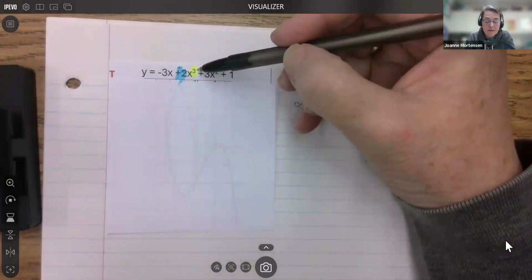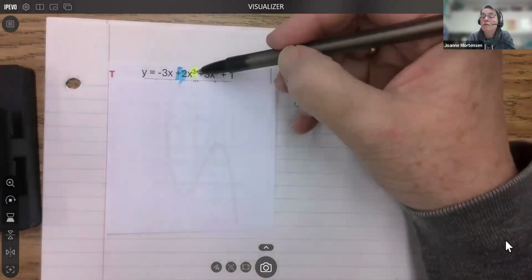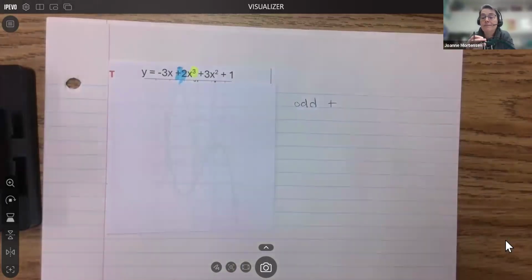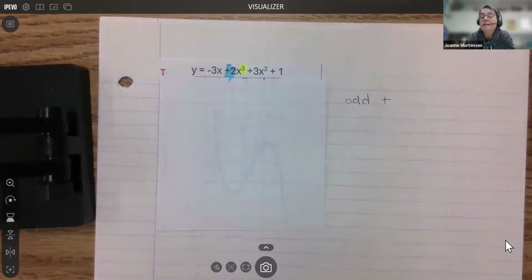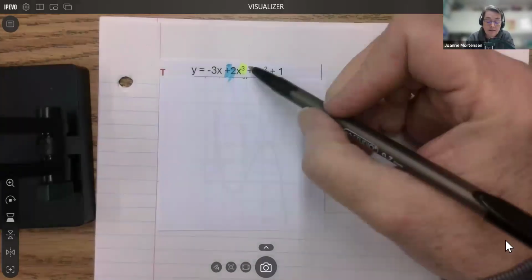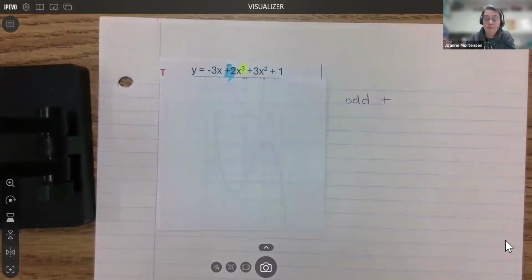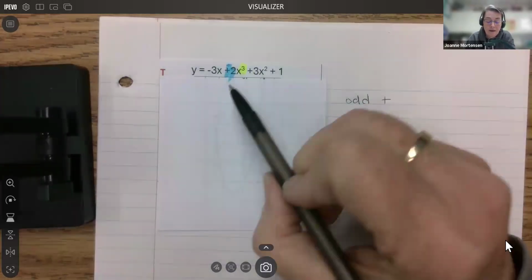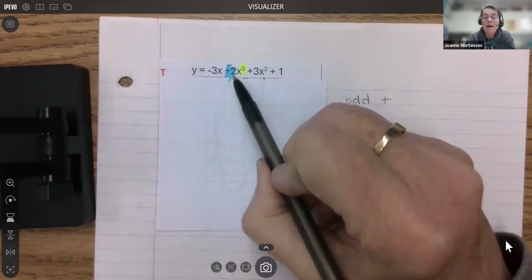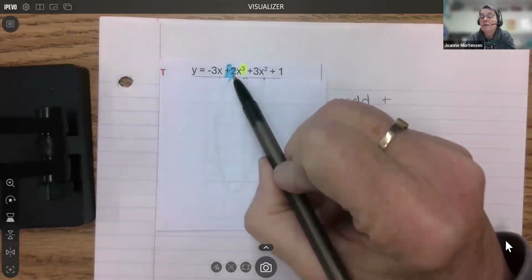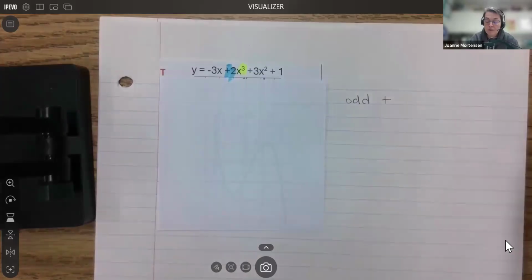I don't care if this is 1, 3, 5, 7, 9, 861. As long as it's odd, this rule will follow through. And this plus 2, I don't care what that number is. All I care is it's positive. 2, 4, 8.6 doesn't matter as long as it's positive. So odd positive.